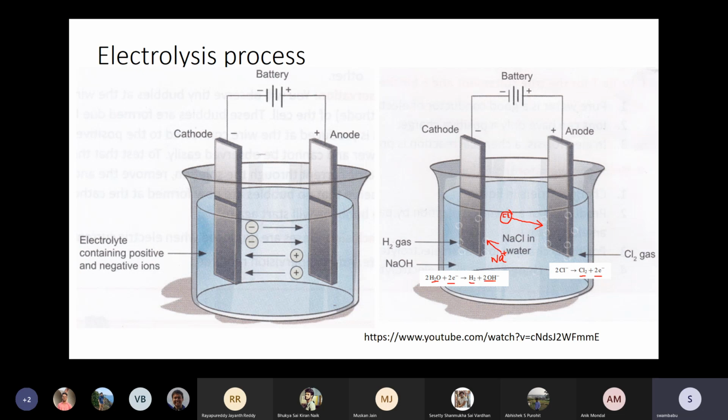The hydrogen gas that is formed will be liberated as bubbles, and the chlorine gas formed is liberated as bubbles here. The OH minus ions will combine with Na plus ions and form NaOH.